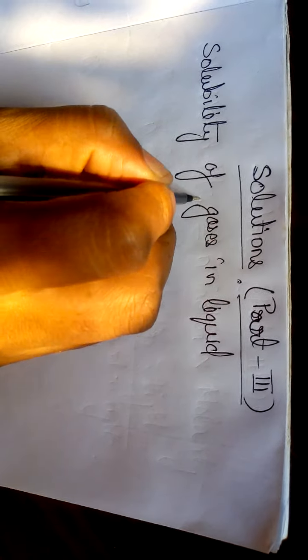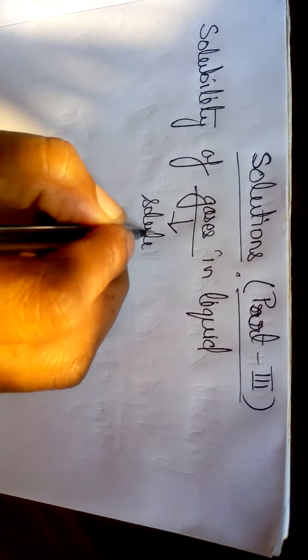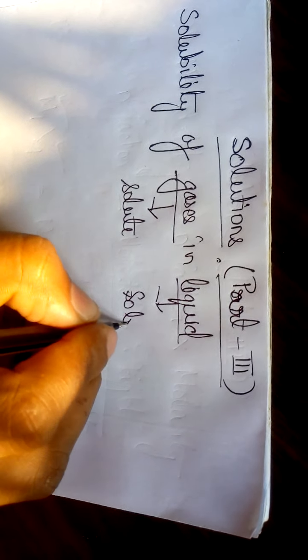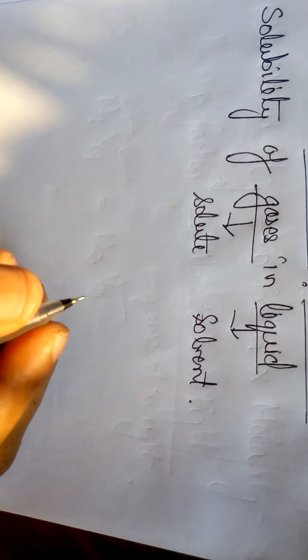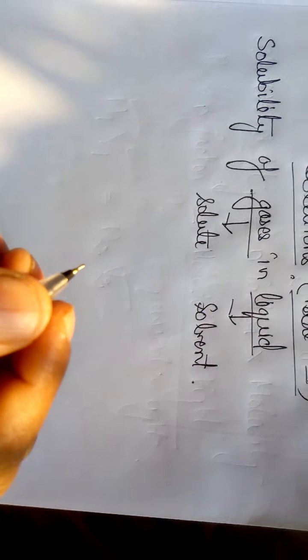It is obvious that gas is the solute and liquid is the solvent. All gases are soluble in water as well as in other liquids to a greater or lesser extent.